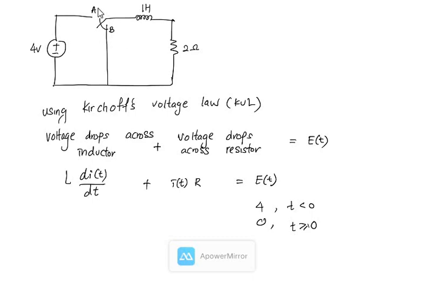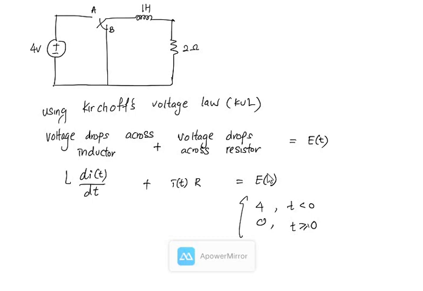After t equal to 0, the switch is at B, so there's no voltage here. Before it switched to B, there's a voltage of 4. So this is the condition of the voltage.